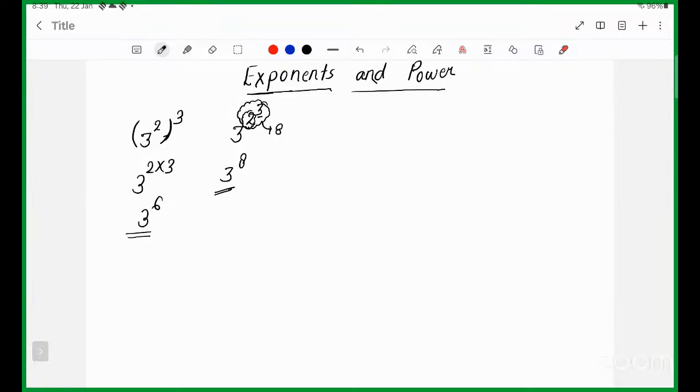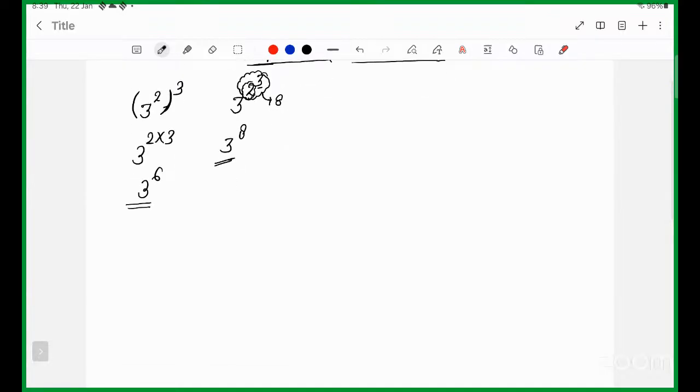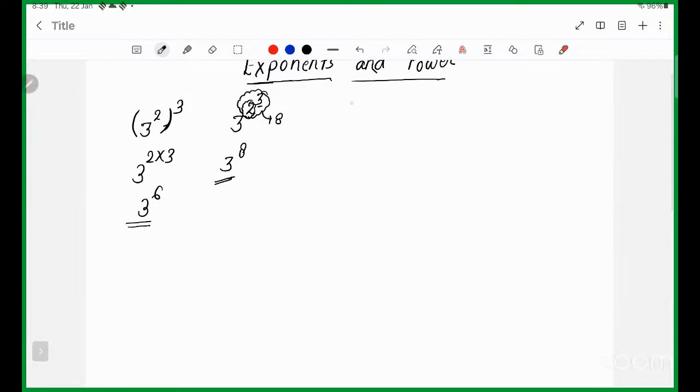Now there are some formulas for exponents. Basically, if I multiply a into n times, then it will be a raised to power n. And if I multiply a raised to power m into a raised to power n, then both will get added: a raised to power m plus n.